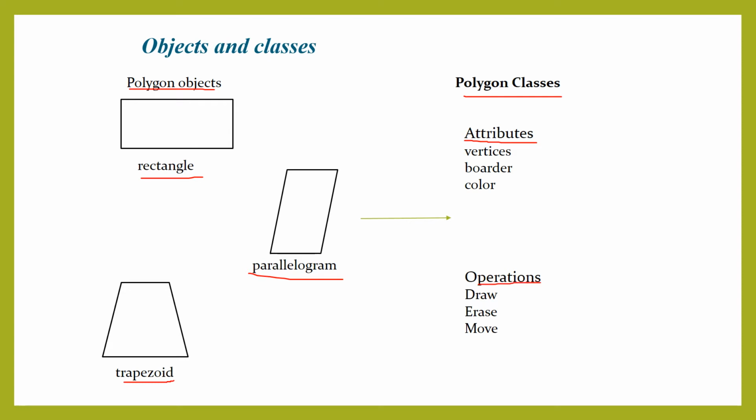Under attributes I have vertices, border and color: how many vertices it contains, what is the type of the border and what is the color of this particular rectangle. What operations can be done for these types of objects? I can draw a rectangle, or erase a parallelogram, or move a parallelogram. So these are the operations that could be done for these objects.